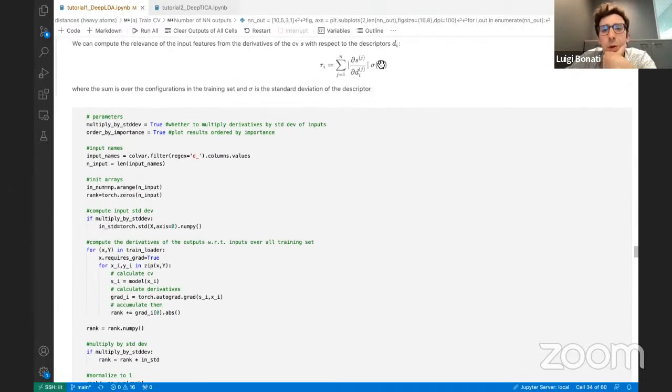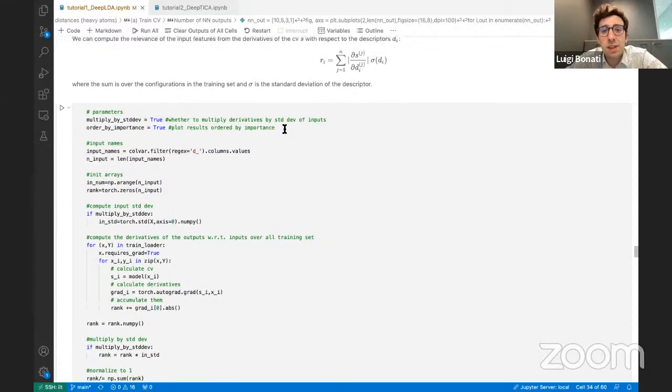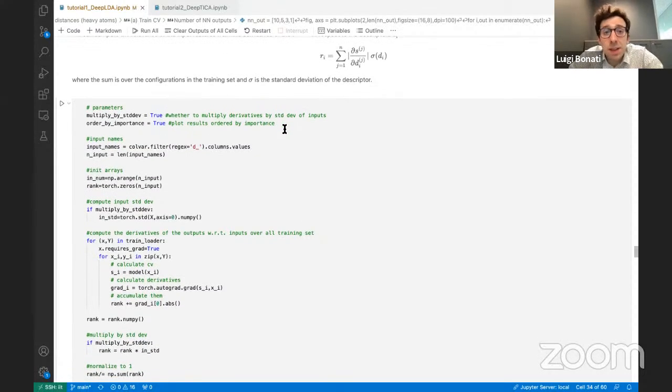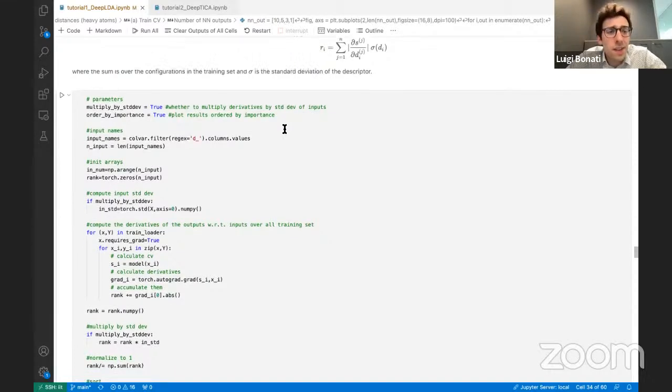it will be just the sum over all training points J of the derivatives of the CV with respect to the descriptor I, and then we multiply by the standard deviation, because of course there might be descriptors that have a larger range than others.